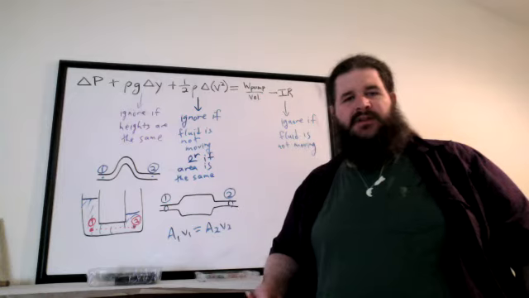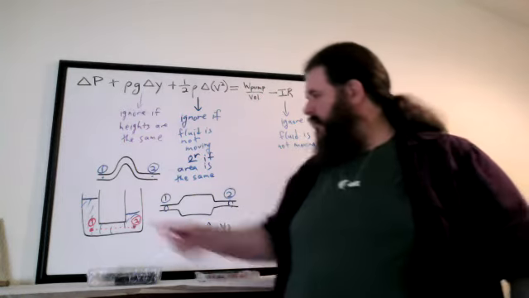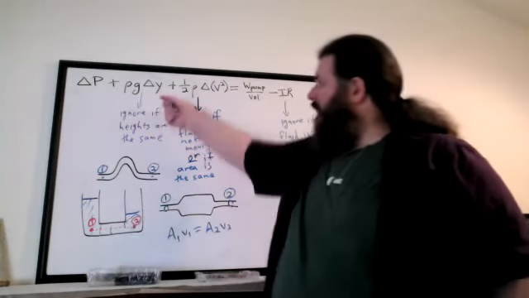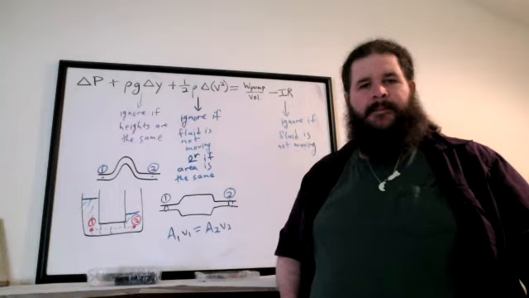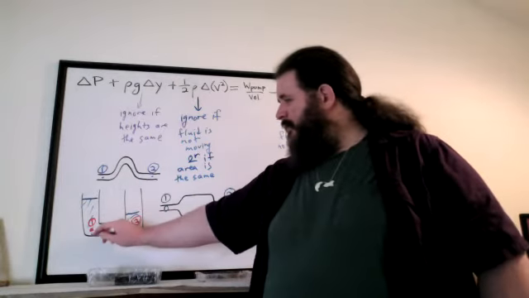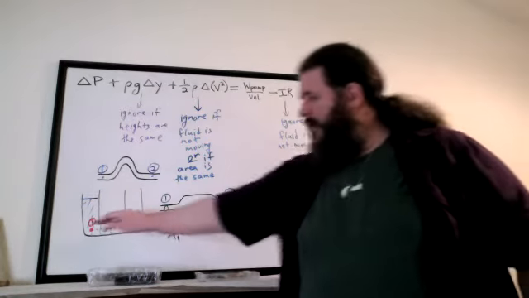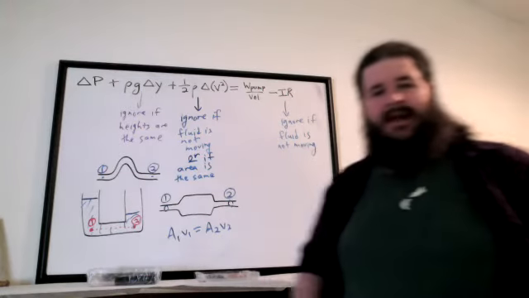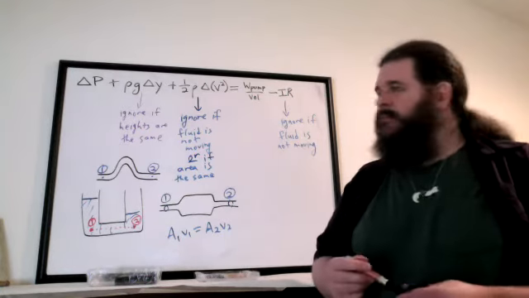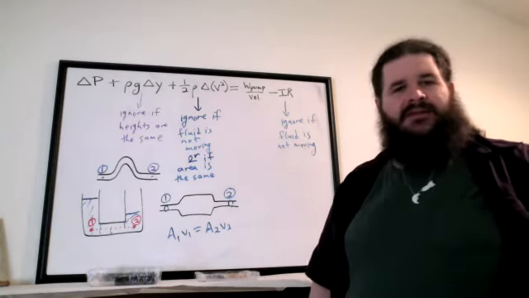It doesn't really matter that they're under different depths of fluid. The height is what matters when we're looking at the rho g delta y term. Of course, if you're comparing this point to the surface, that would matter. But if you're just comparing points 1 and 2, they're at the same height, regardless of depth under surfaces. Any questions on that height term?